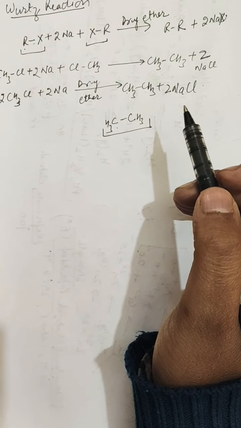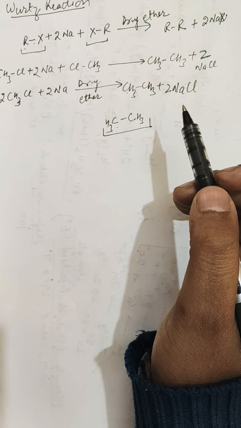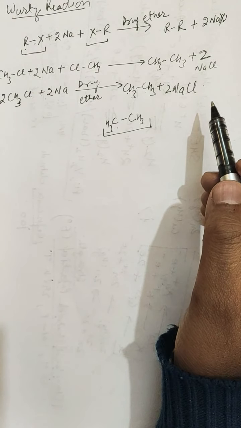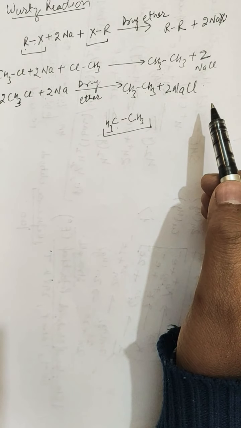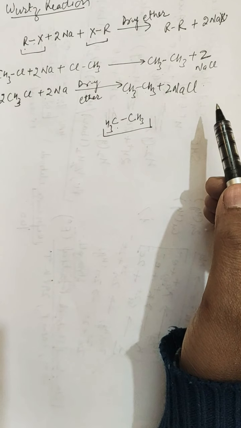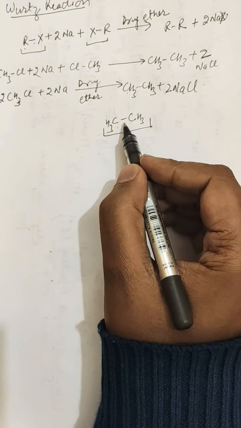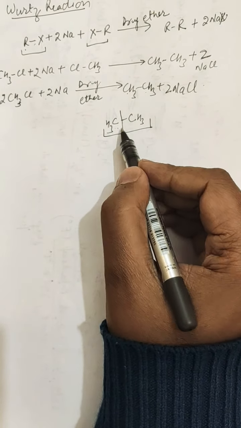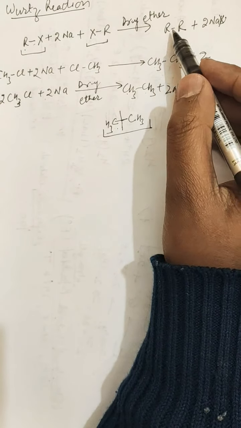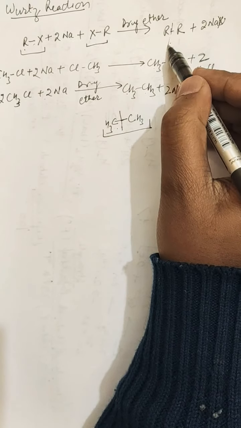So there are some limitations of this reaction. The first limitation is that this reaction is not suitable for the preparation of unsymmetrical alkanes, because when we take a mixture of two alkyl halides, a mixture of products is formed. This is a symmetrical alkane because it can be divided into two equal parts. This is the same ethane molecule, and this is also a symmetrical alkane.